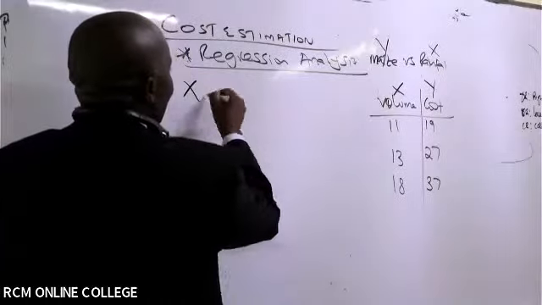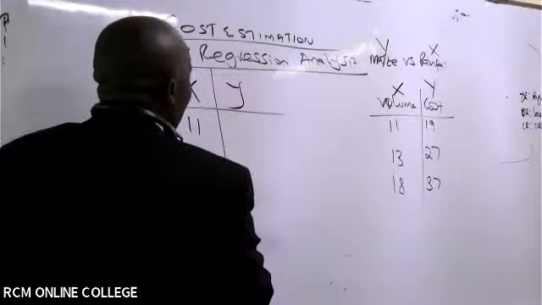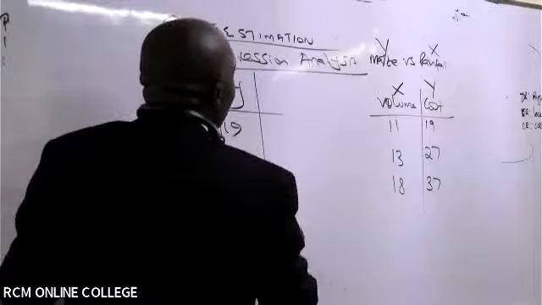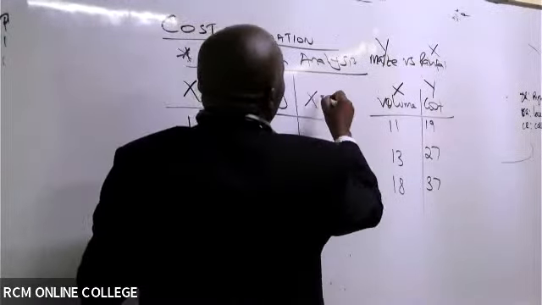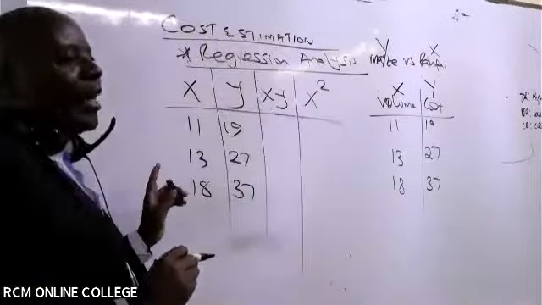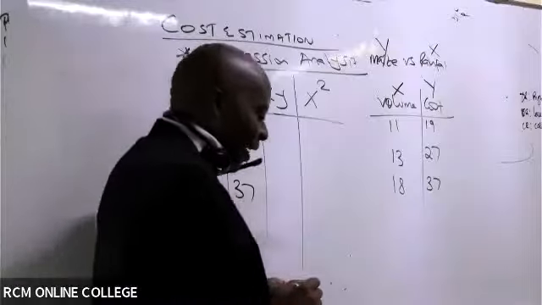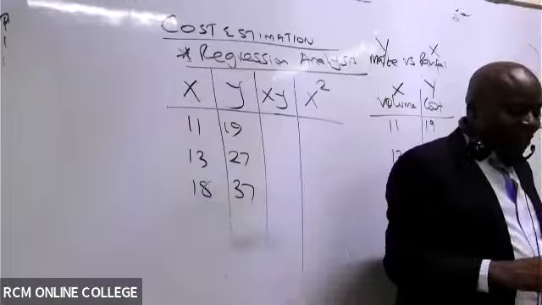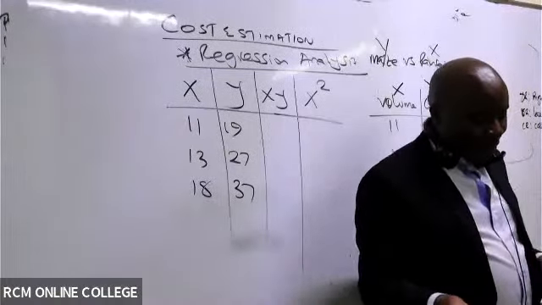I have to write mine here because of space. So I have X there: 11, 13, 18, 19, 27, 37. If it is regression analysis, we must introduce column XY and column X squared. I am sure I am boring some students who were in my class last time, but in the interest of the newcomers, please allow me to repeat this pretty fast.